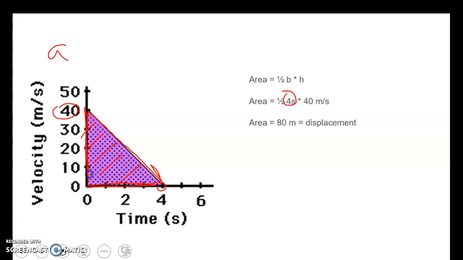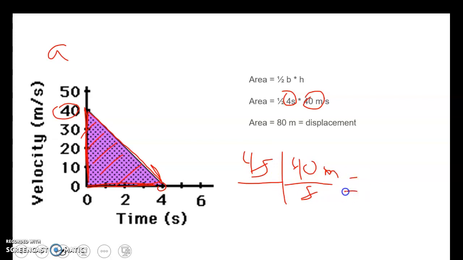Our height is 40 meters per second. Again, 4 seconds times 40 meters per second gives us a displacement of 80. So we got to multiply it by 1/2, and we get a displacement of 80. So during this time frame, our car is displaced 80 meters in the positive direction, because that's the way our velocity is going.